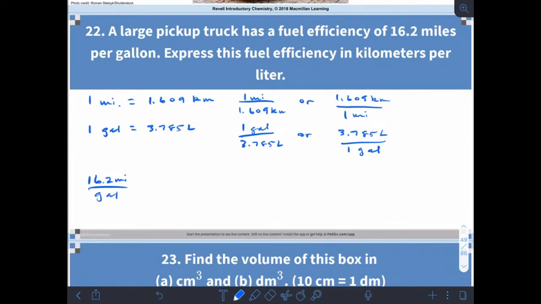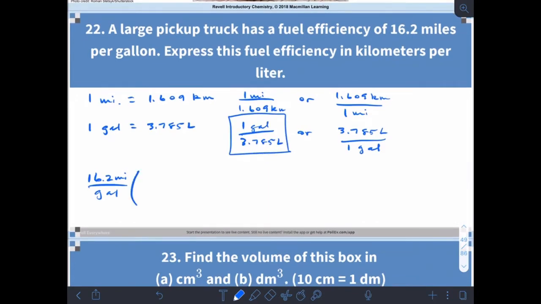So I'm going to pick a conversion that has gallons on top to make it cancel out. So I'm going to say 1 gallon is 3.785 liters. Because they're on opposite sides of the fraction bar, my gallons will cancel out.